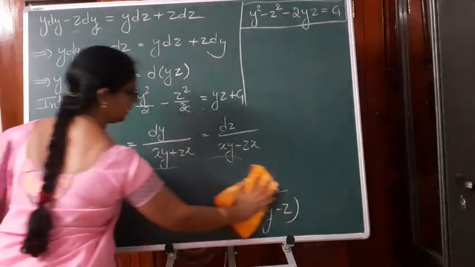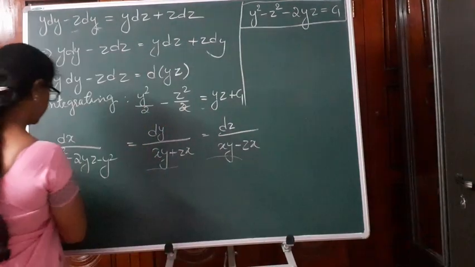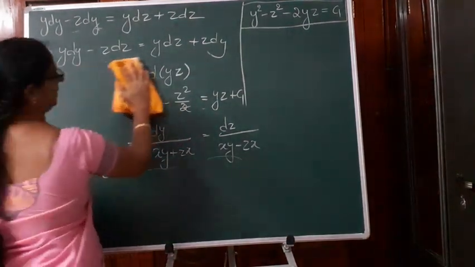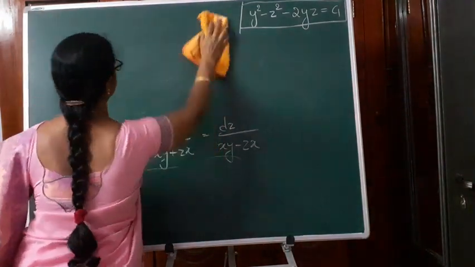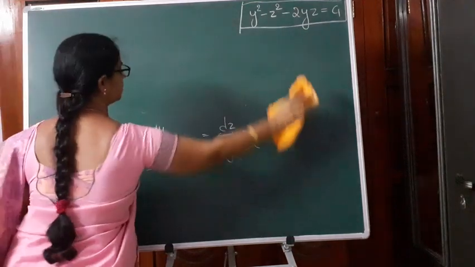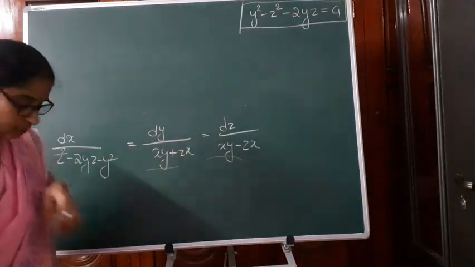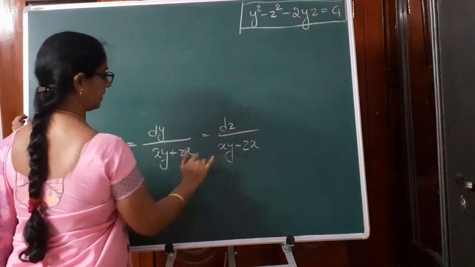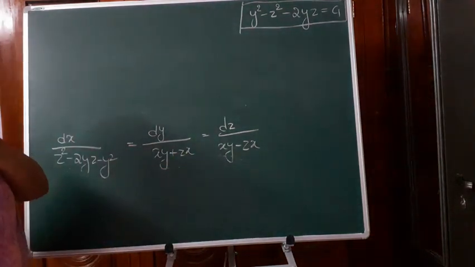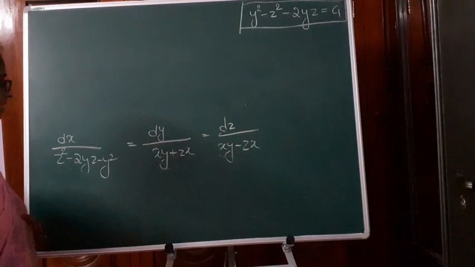So I just keep the auxiliary equation and erase the remaining, and in that corner we have the first solution. Now we are trying for the second one. Let us look for multipliers because we cannot group any other terms and directly integrate.